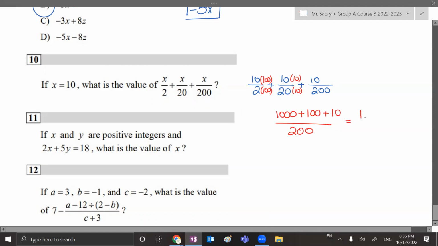So it's a total of 1110 over 200. You can then remove this 0 with this one, so you'll have 111 over 20. Does this make sense?